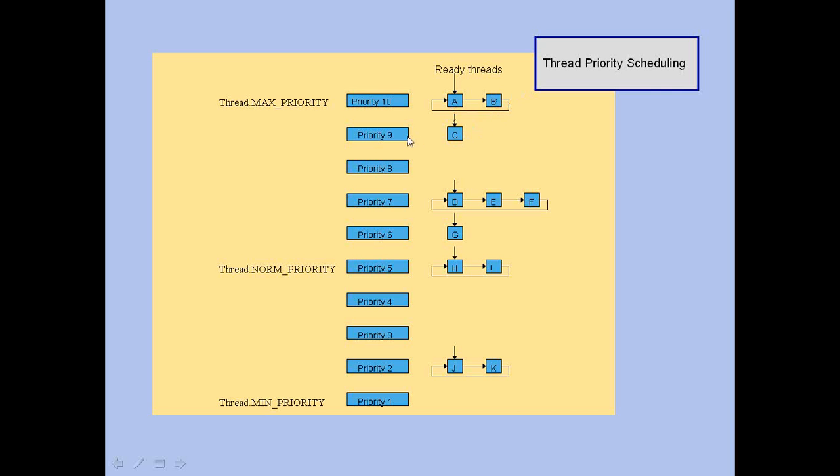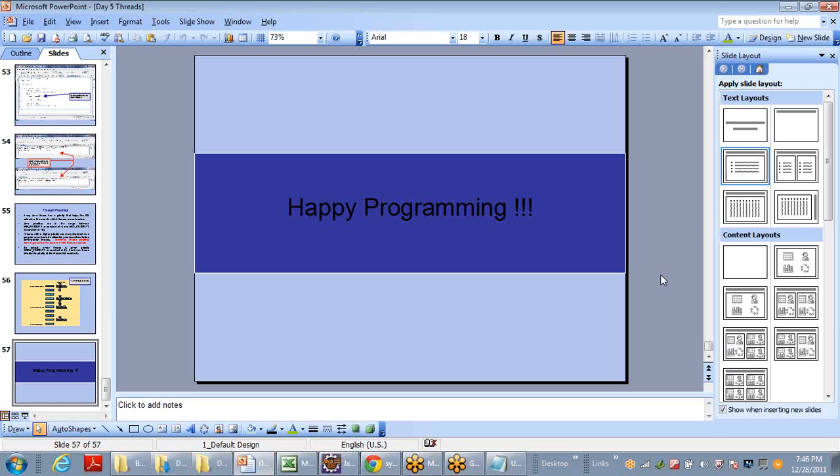And then C, because it has only 9, the other ones, E and F, have 7, and if you navigate all the way down to J and K, they are at priority level 2. Alright, that's it, guys, regarding threads.